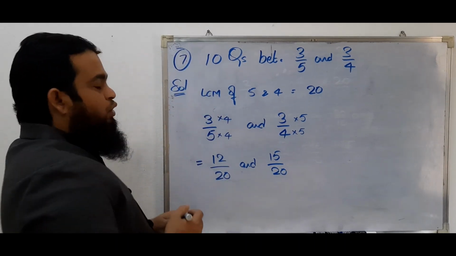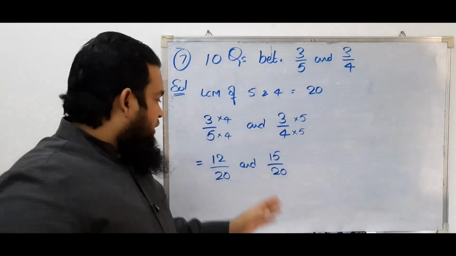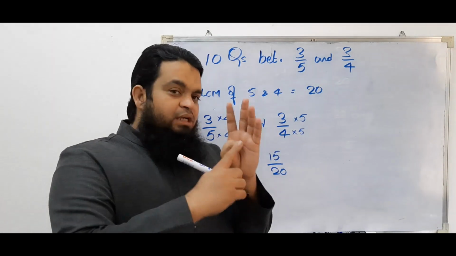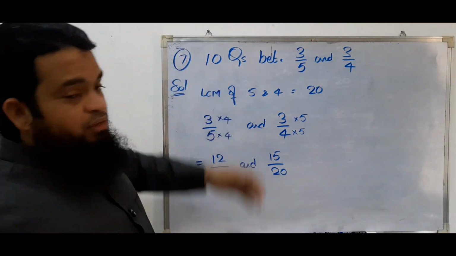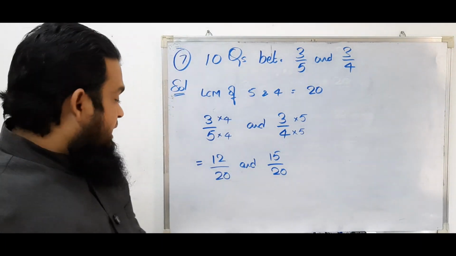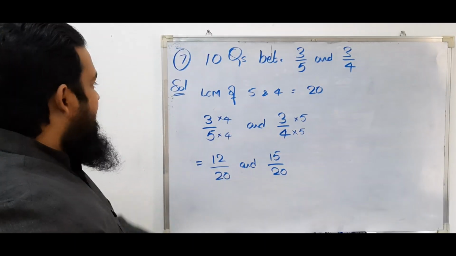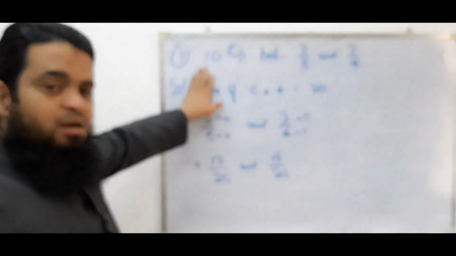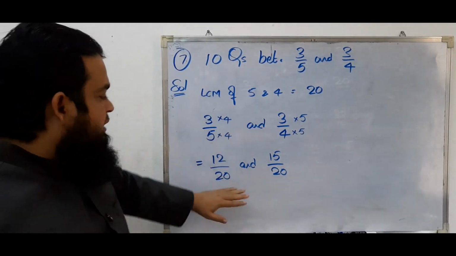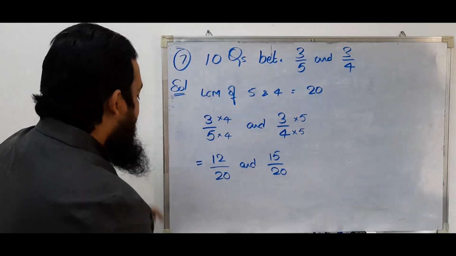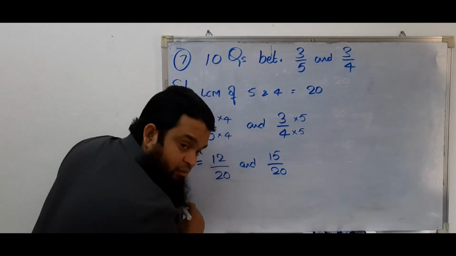Now can you find 10 rational numbers between these two? The rational numbers between these two are 13 by 20 and 14 by 20. You have only 2, but you have to find 10 rational numbers. So what you are supposed to do? You multiply with n plus 1, so you can multiply these two rational numbers with 11 or even 12 or any number.